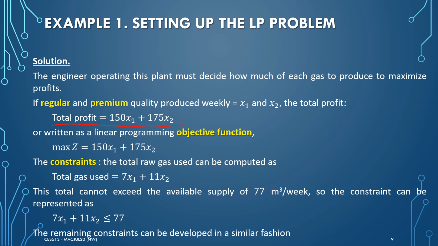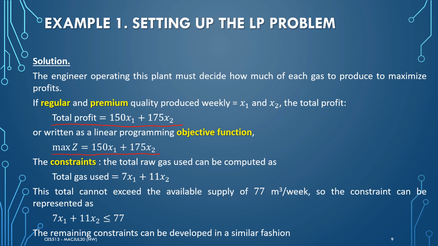Written as a linear programming objective function, this can be maximum Z equal to 150 X1 plus 175 X2.